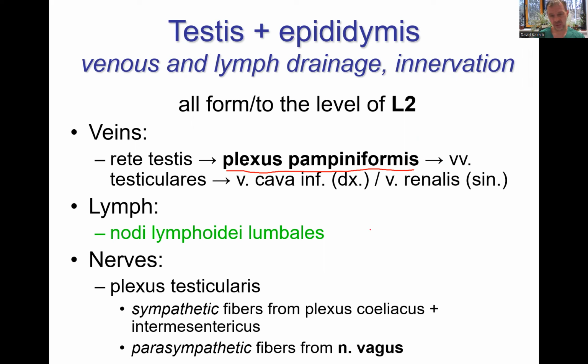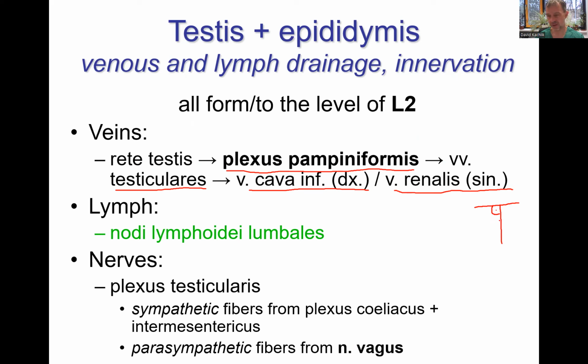And when it passes the inguinal canal, it then changes into paired testicular veins, again with mutual anastomosis and valves, and they enter directly the inferior caval vein on the right side, and because it's too far, on the left side they drain at a right angle into the left renal vein. And this right angle on the left side can cause problems in drainage.